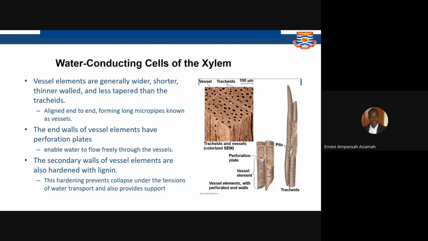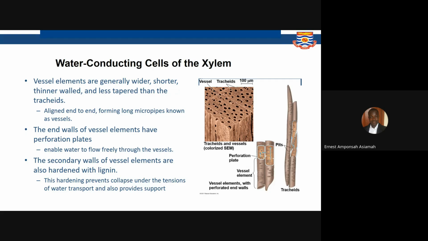We call them the perforation plates. So the end walls of the vessel elements have these plates, and they enable water to flow freely through the vessels.